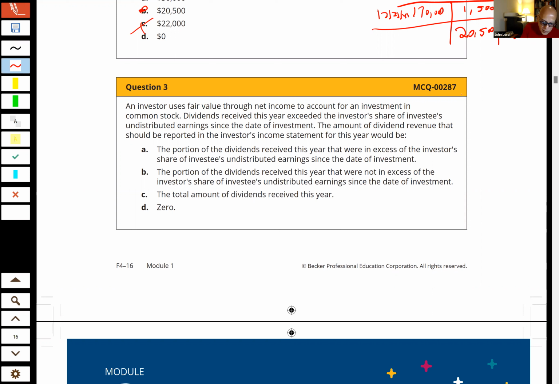What should be the amount of dividend reported on the income statement? It's the part that was not in excess of the investor's share of the undistributed earnings since the date of investment. In the little example we looked at, that'd be the 800,000. The remaining 200,000, whatever that number is, is going to reduce the investment account.